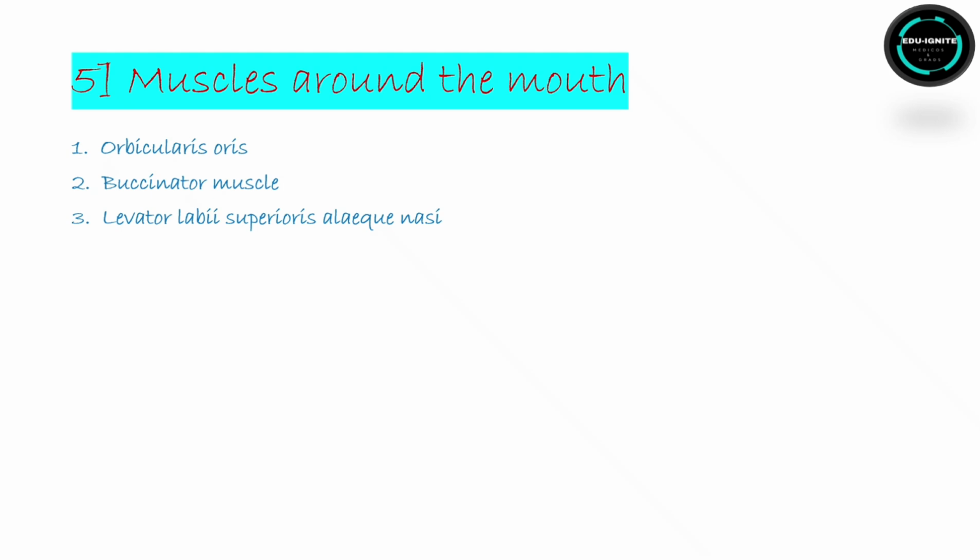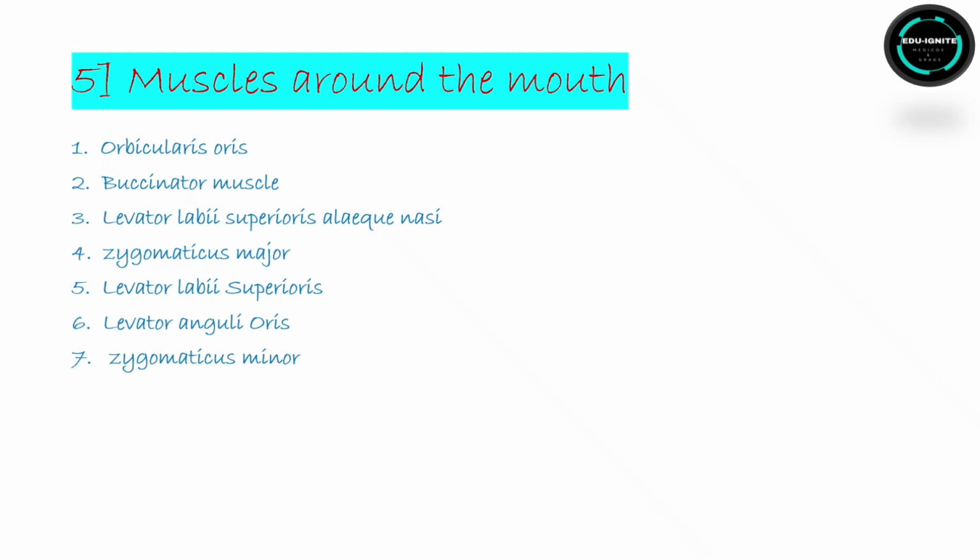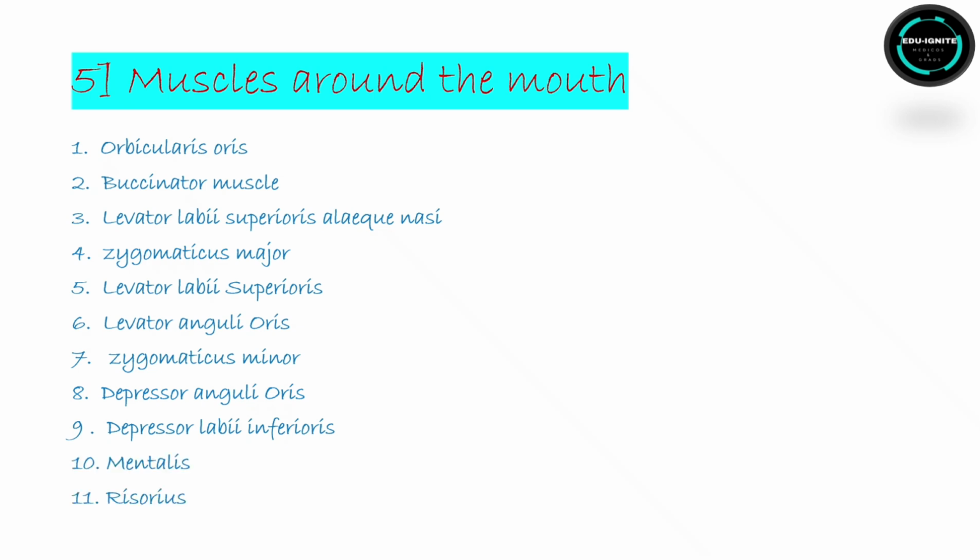Now we will see the muscles present around the mouth. These muscles are orbicularis oris, buccinator muscle, levator labii superioris alaeque nasi, zygomaticus major, levator labii superioris, levator anguli oris, zygomaticus minor, depressor anguli oris, depressor labii inferioris, mentalis and risorius muscle.